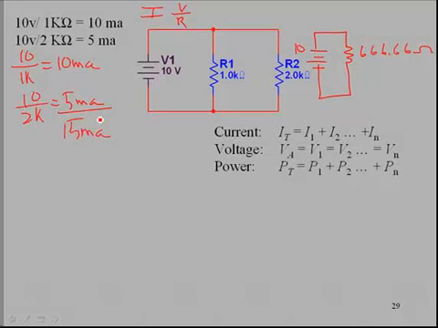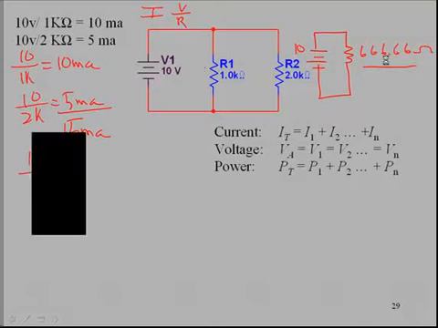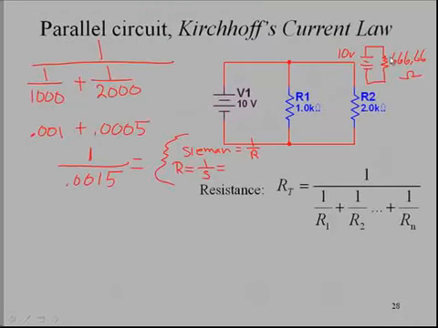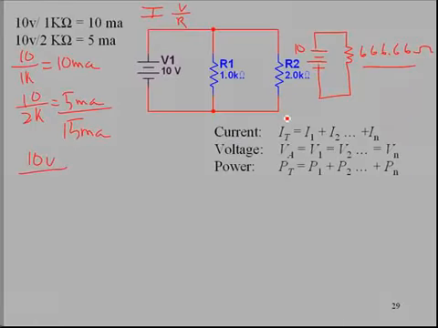Another way to have done that, and this would have involved the calculator, but remember we calculated the total resistance. So we could have said 10 volts divided by 666 ohms should yield 15 milliamps as well.